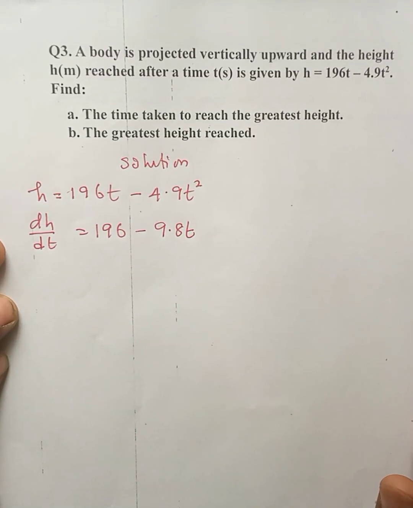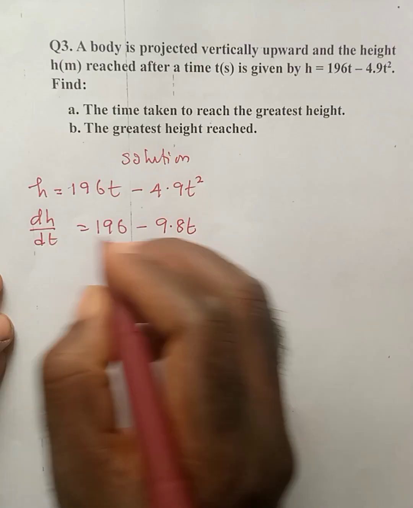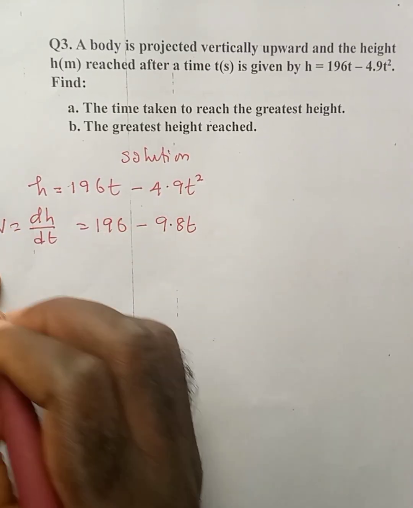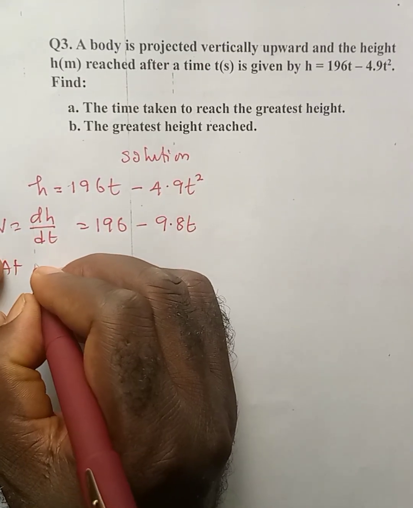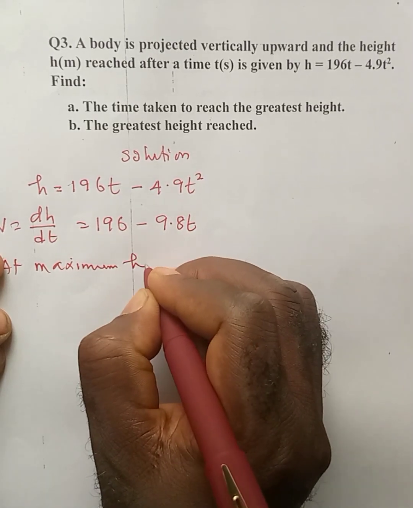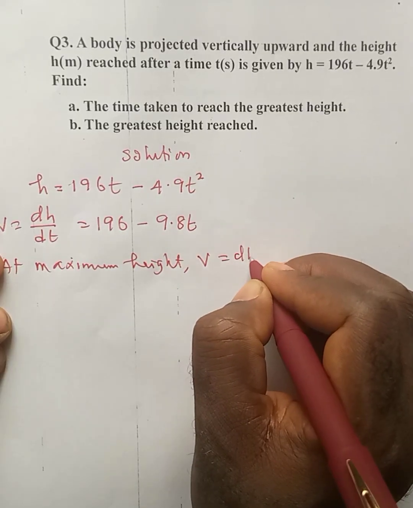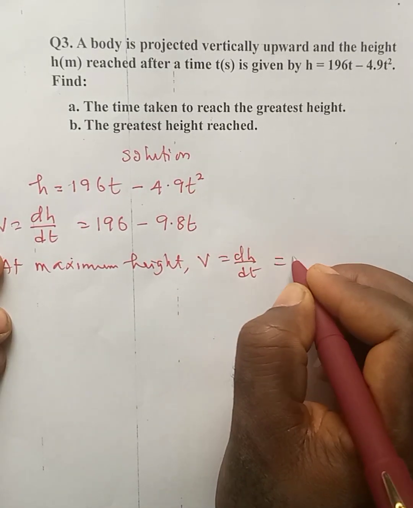Then we know that when the body reaches the greatest height, the velocity is 0 because this is the velocity function. So at maximum height, we know that the velocity, which is equal to dh/dt, is equal to 0.